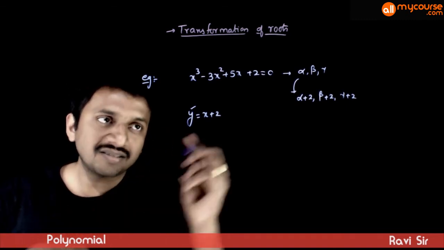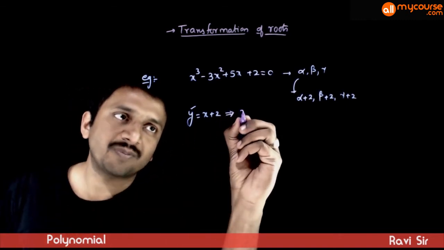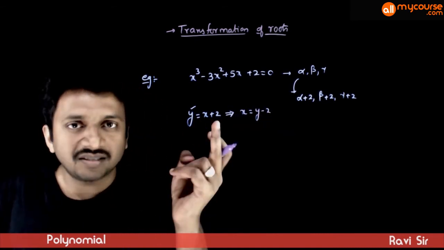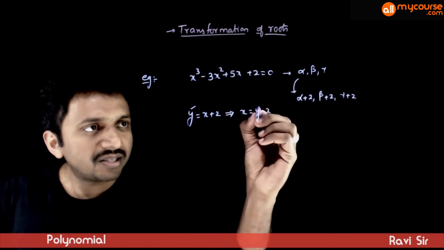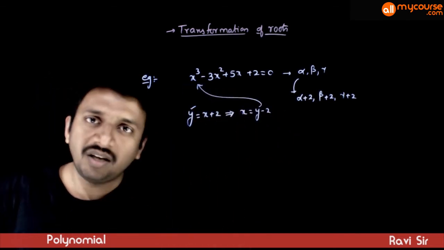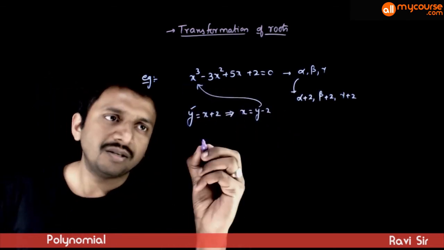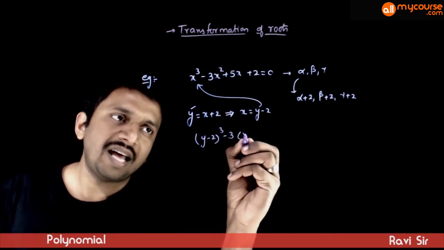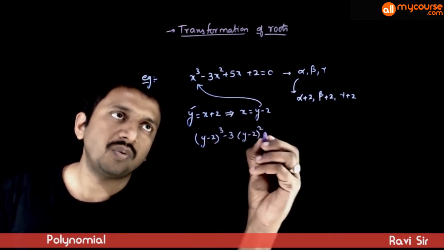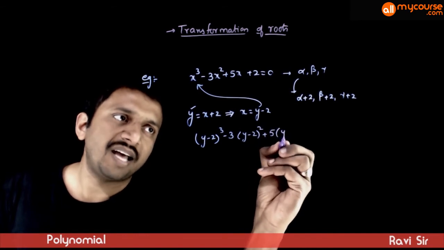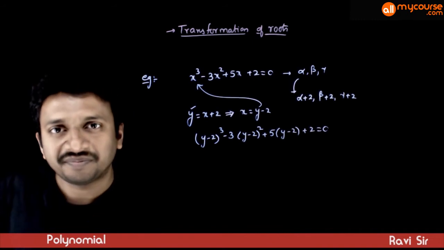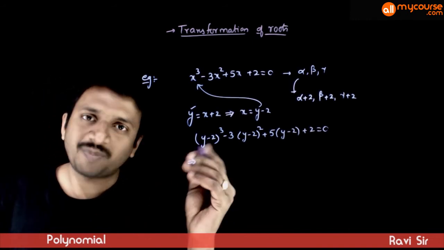So how do I get this? y is equal to x plus 2 implies x is equal to y minus 2. So let us put x is equal to y minus 2 in here. So y minus 2 whole cube minus 3 times y minus 2 whole square plus 5 times y minus 2 plus 2 is equal to 0. So you just need to expand this.